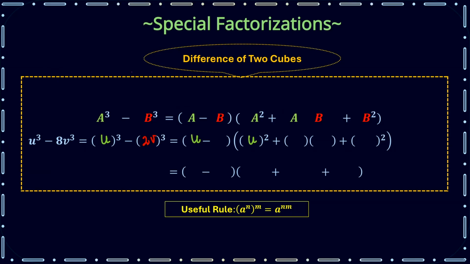Now notice that here for a squared, I wrote parentheses squared. Here parentheses stands for a. It's a placeholder for a. We have another a right there, which is our u. And b is 2v, so everywhere you see a b, you're going to write 2v.